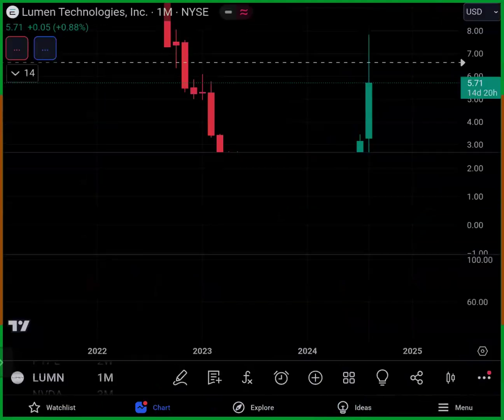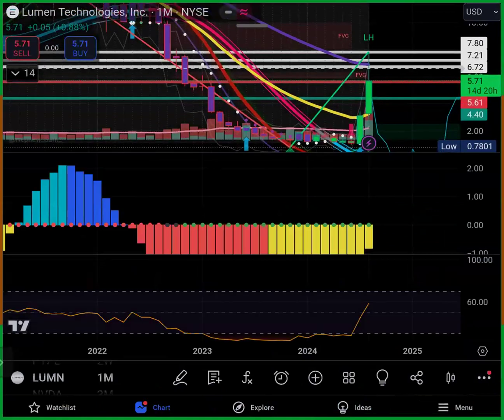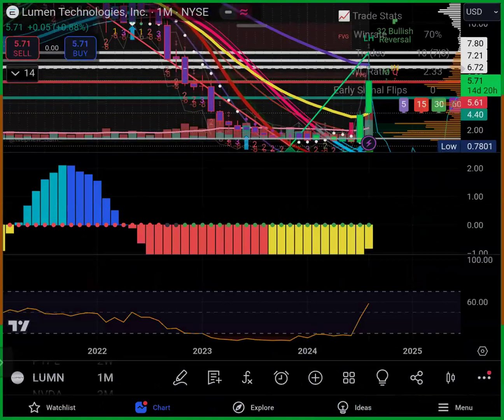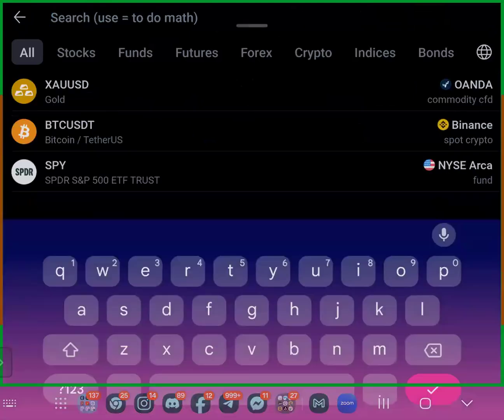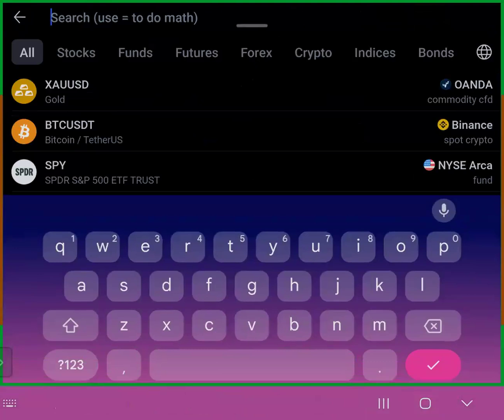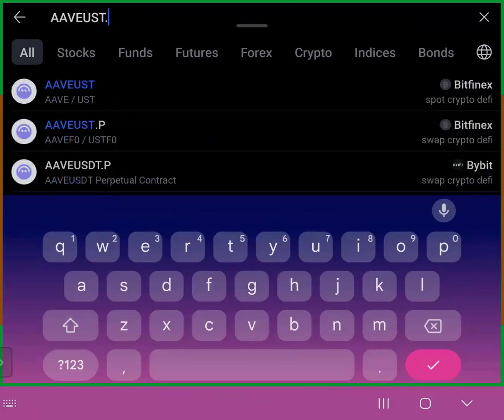TradingView is paid. Let me go to another asset. Let's go to something I never charted before. Let's do AAVE USDT.P.